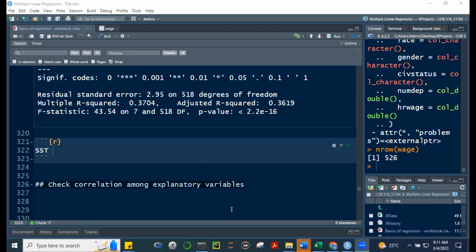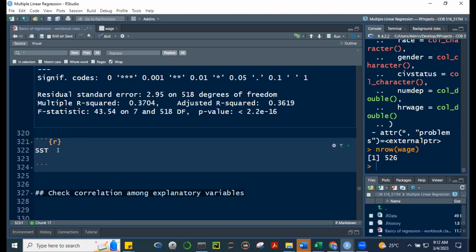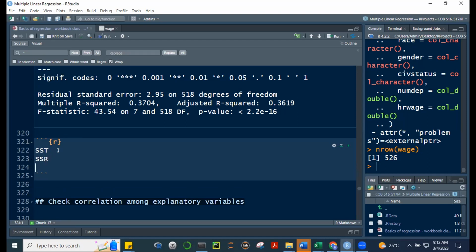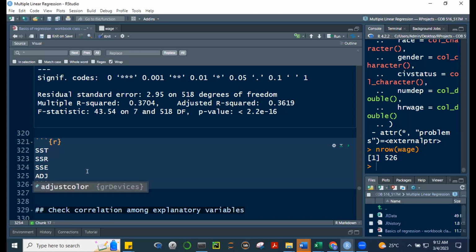Sorry, I also posted the message late. We'll discuss very quickly SST, SSR, and SSE, so that you know where these values are coming from, including the adjusted R squared and R squared.